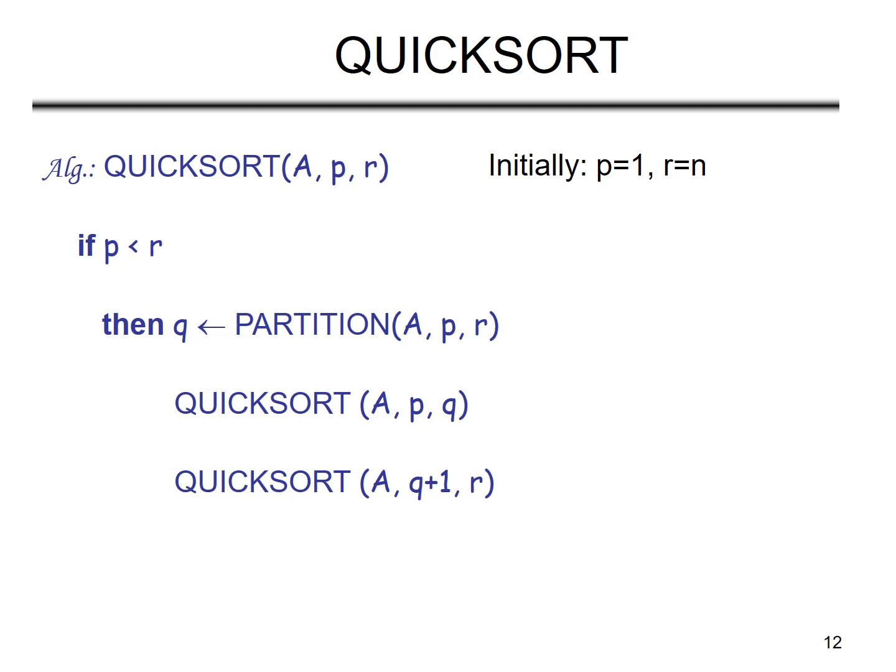The position is Q, and in this partitioning the first element is chosen as the pivot element. Once I do a partitioning and the pivot element is at position Q, I have two lists, one running from P to Q, another running from Q plus 1 to R. So I call quicksort for the first sublist, P to Q, and another call for the other sublist.